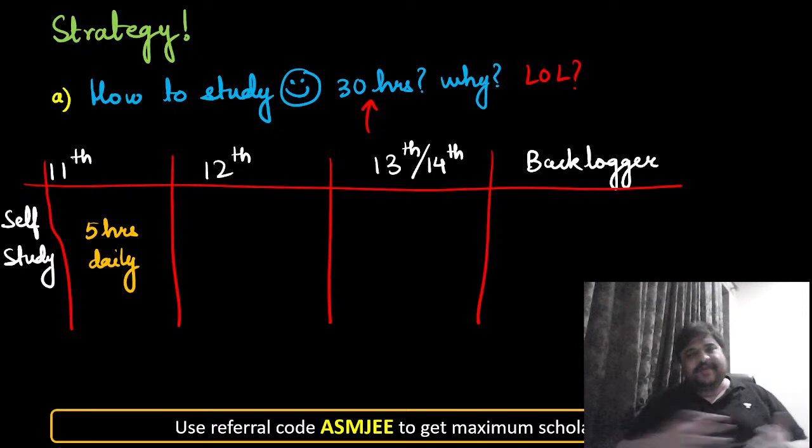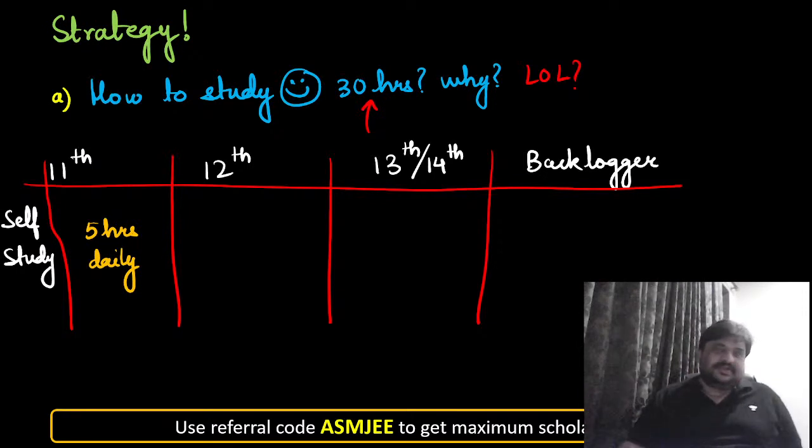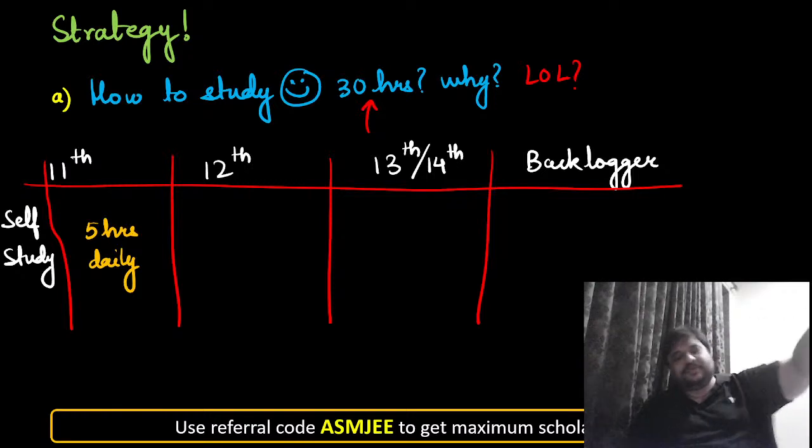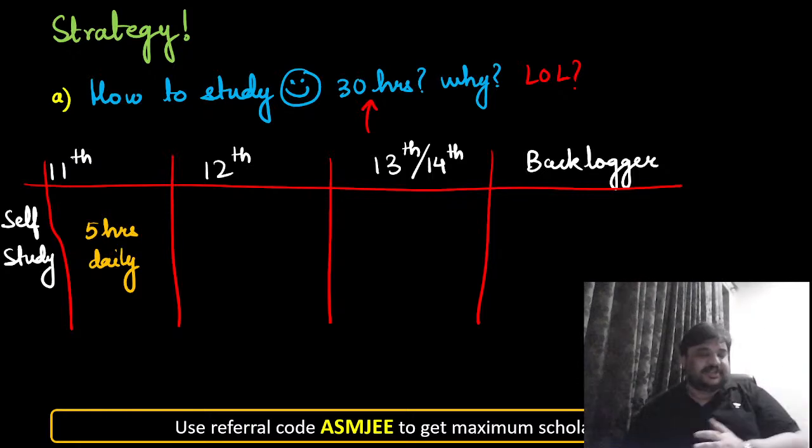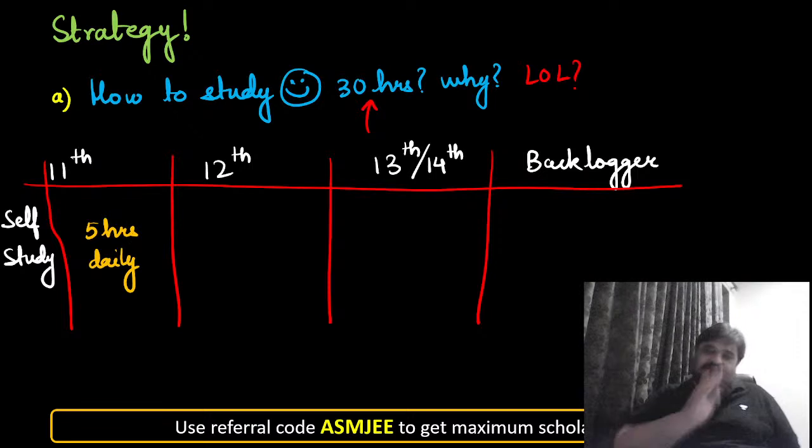And if you are able to maintain this 5 hours daily for the next 2 years, you will clear. This is more than enough. If you are in 11th and you don't have any backlog, and right from, let's say, June or July you have started studying regularly, you are not missing any lecture, you do homework daily and all that, 5 hours daily of self study from 11th till the end is more than enough.